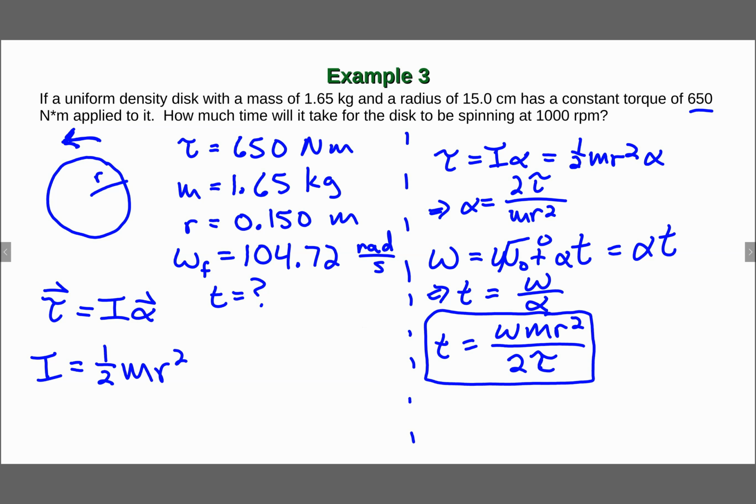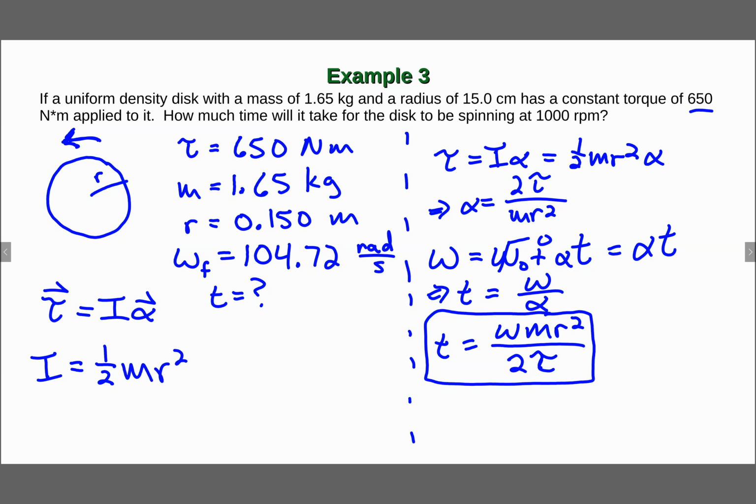You can see if you check this that our units work. Okay, I'll leave that to you guys. For sanity checks, T decreases as the torque goes up. Okay, that makes sense. If I want to spin it to some particular RPM, the bigger torque I apply, the faster I'll get it to that RPM. Okay? T also goes up as omega, M, or R go up.